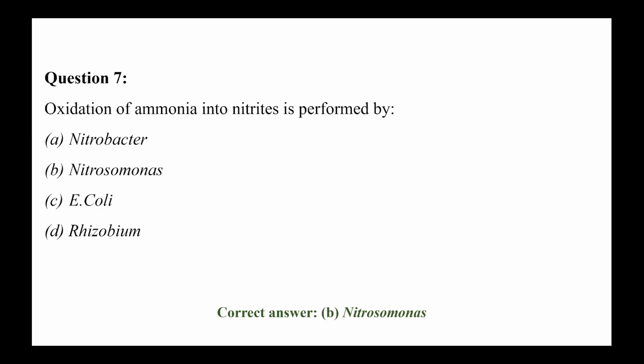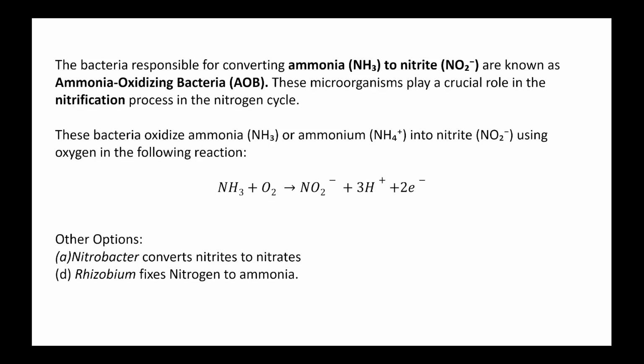And the other bacteria that we can see, Nitrobacter and Rhizobium, also have different functions. Bacteria responsible for converting ammonia to nitrate are known as ammonia oxidizing bacteria, and the process is called nitrification, as I have already mentioned. These bacteria oxidize ammonia or ammonium ion into nitrite using oxygen in the following reaction.